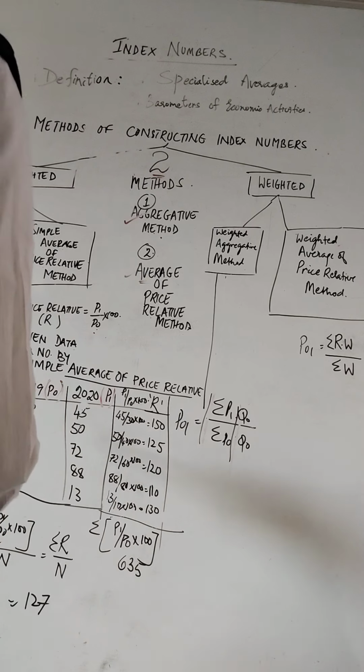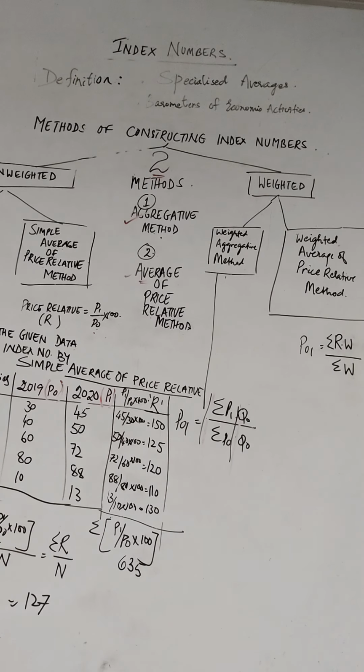So once again, R denotes price relative. How do we get price relative? P1 upon P0 into 100. P1 is the price of the current year, and P0 is the price of the base year. And R is what is known as the price relative, P1 upon P0 into 100.